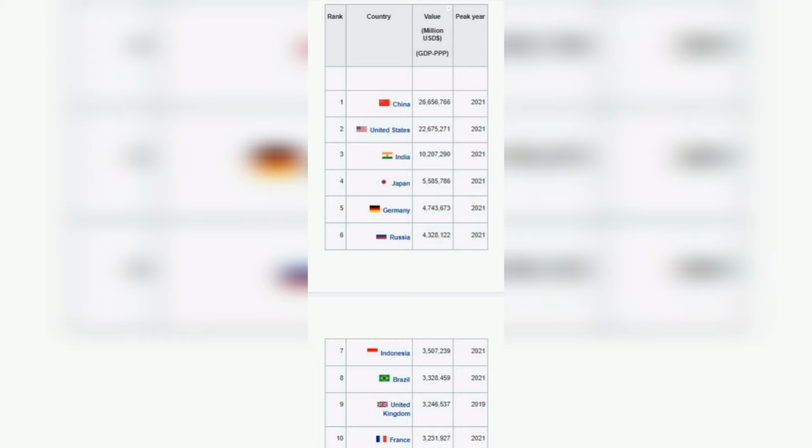Anyway, on the third number by PPP GDP is India. It is $10.2 trillion.